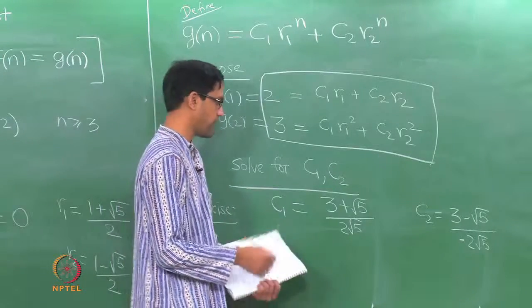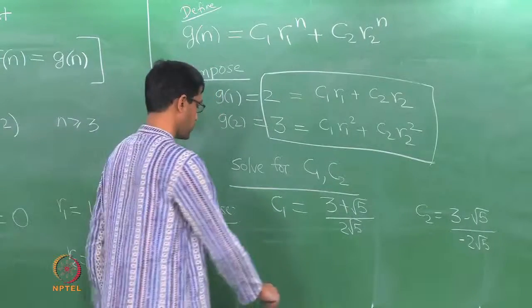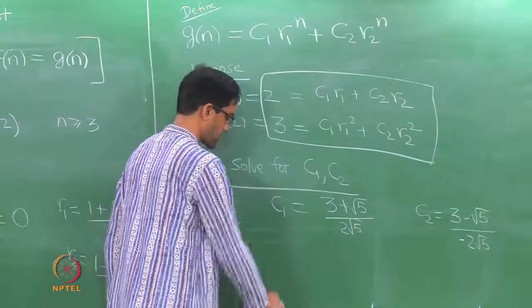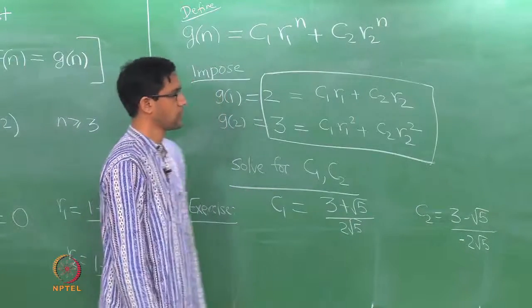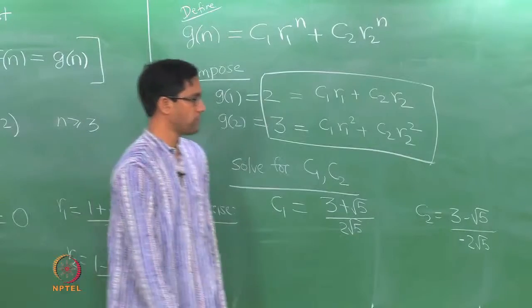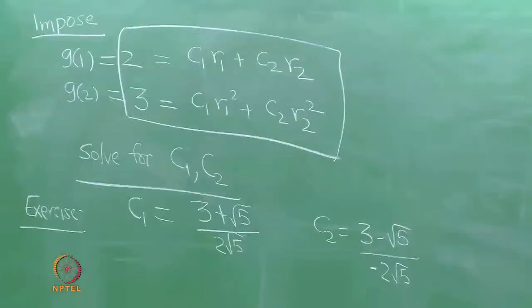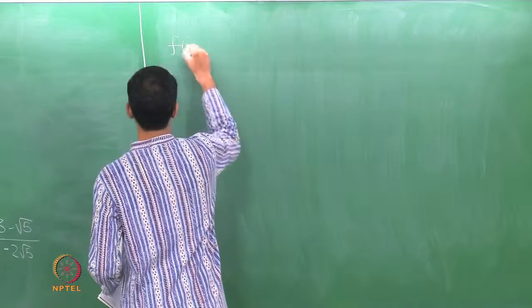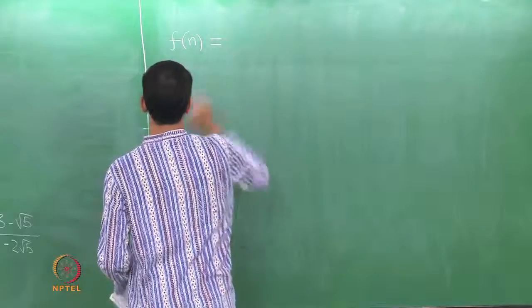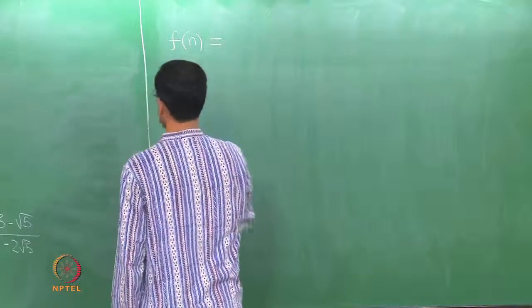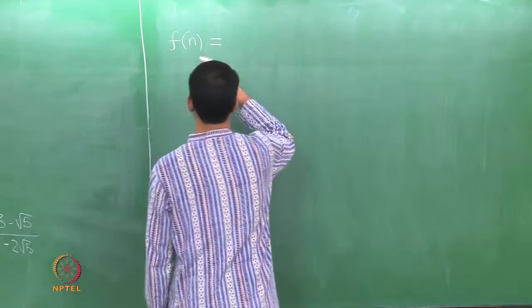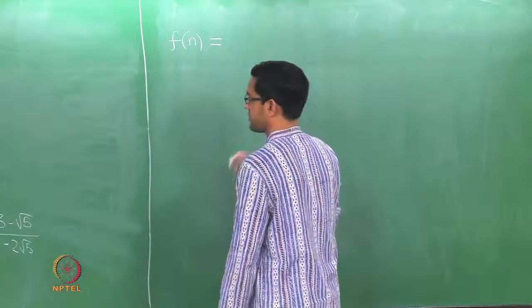So what does that give you finally? Well, it gives you a solution to the original problem. It says that the number of 0 1 sequences which have no 2 successive ones is in fact given by the formula c1 times... So what does this imply? Finally, here's our conclusion: the number of 0 1 sequences with no 2 successive ones must in fact be the same as g of n, because it has the same initial conditions and the same recurrence.